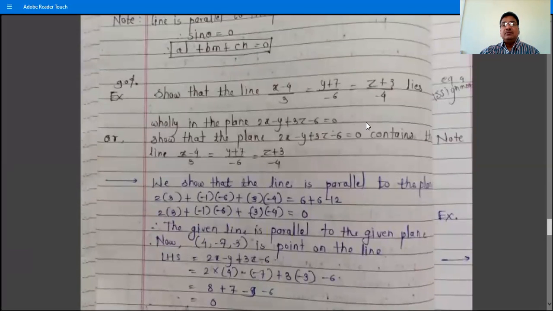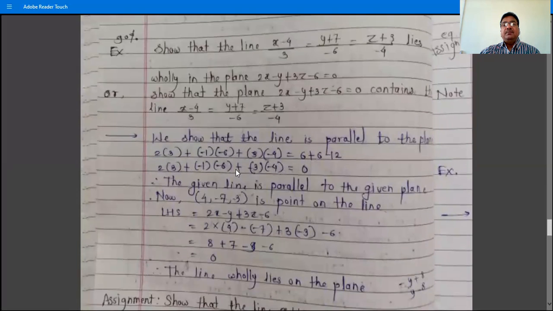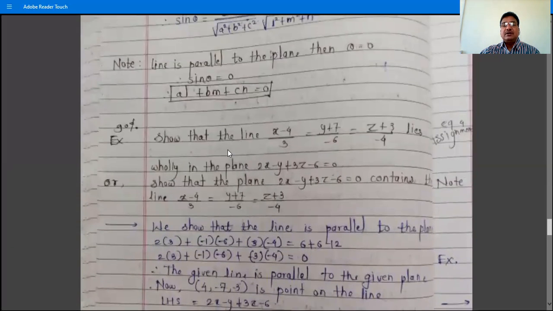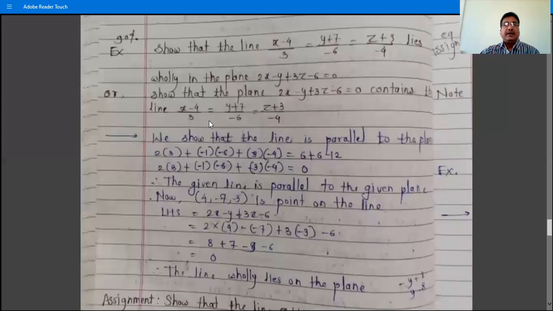Another form of the question is: show that the plane contains the line. It is the same question, or the line wholly lies in the plane. So now we have to show the line is contained in the plane.